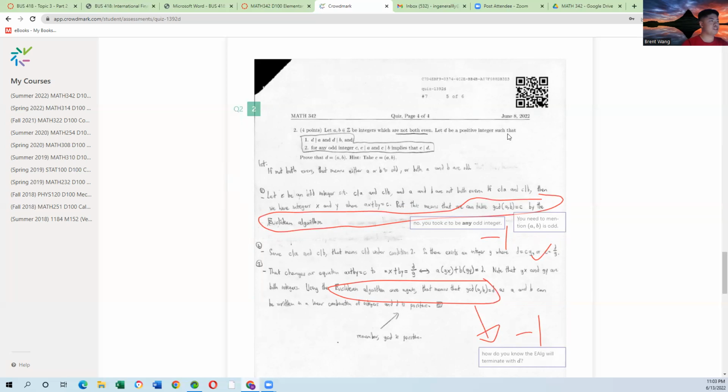Let d be a positive integer such that d divides a and d divides b, and for any odd integer c, c divides a and c divides b implies that c divides d. Prove that d is the GCD of a and b. The hint is to take c equal to the GCD of a and b.